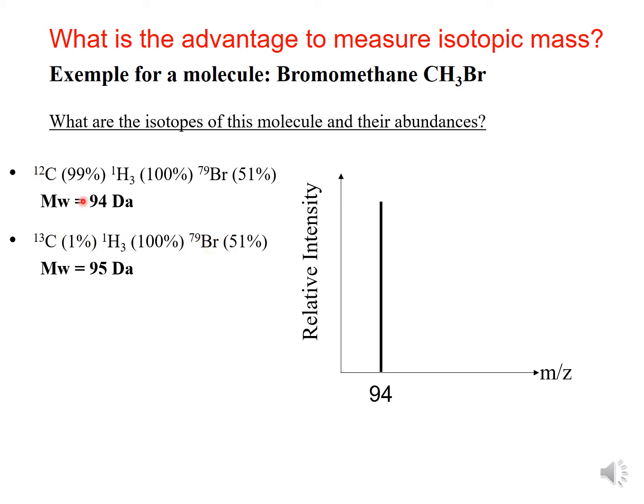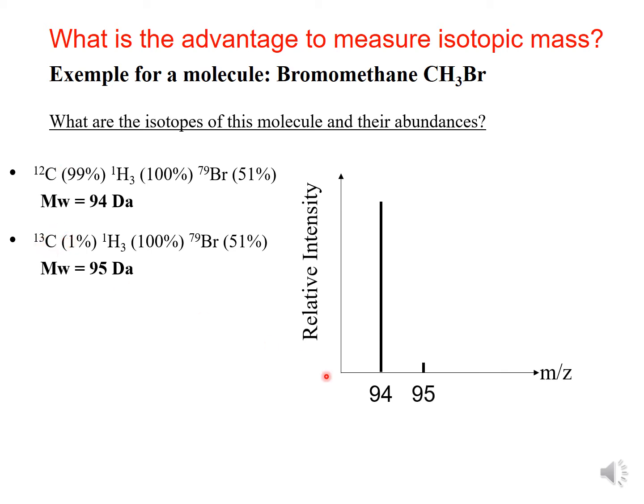The difference between these two isotopes is 1 Dalton because you have carbon 12 and carbon 13. So the mass is 95 Dalton. And considering now the relative abundance, you see that we have 1% of this isotope as compared to this one, because we have 99% carbon 12, 1% carbon 13.